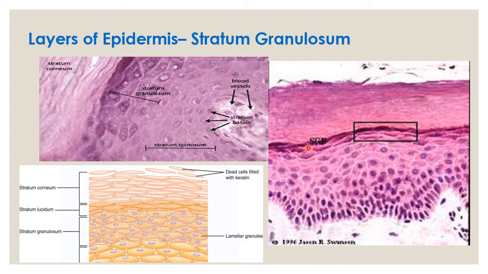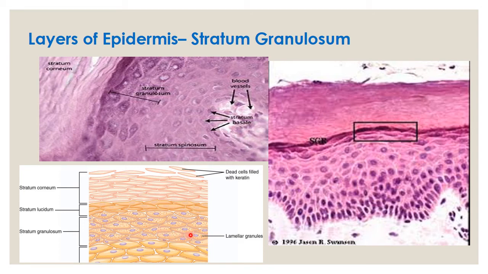The next layer is the stratum granulosum. The stratum granulosum layer consists of 3 to 5 layers of flattened cells, which are in the terminal stages of keratinization. The keratinocytes of the stratum granulosum show basophilic pigments, which are called the keratohyalin granules.